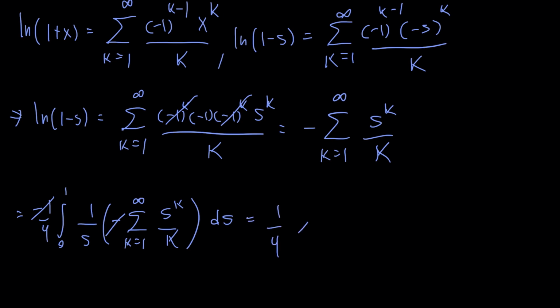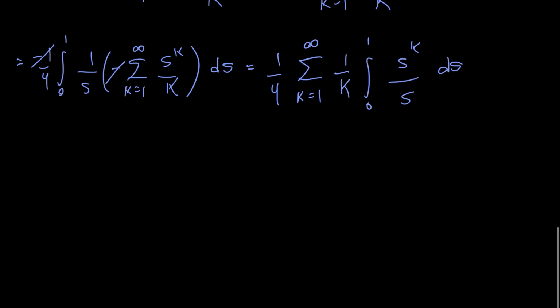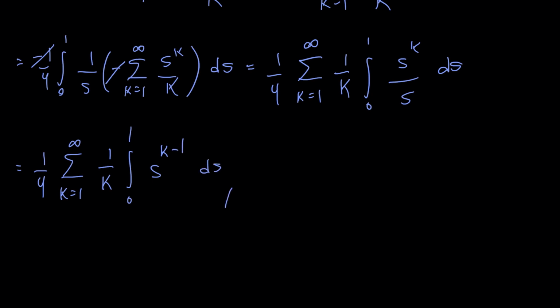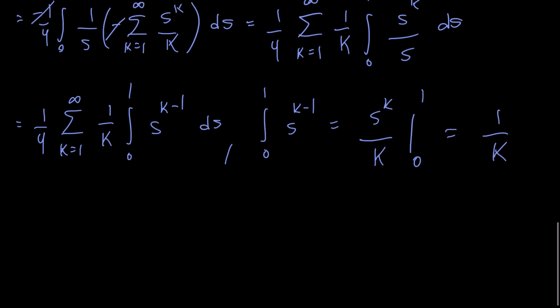So we have 1/4 the sum from 1 to infinity of 1 over k, the integral from 0 to 1 of s to the k over s ds, which is equal to 1/4 the sum from 1 to infinity of 1 over k, the integral from 0 to 1 of s to the k minus 1 ds. The integral from 0 to 1 of s to the k minus 1 is s to the k over k from 0 to 1, which is equal to 1 over k.